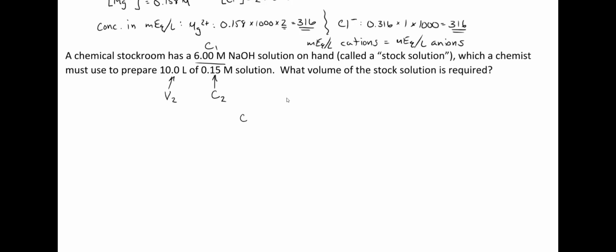So here is our equation for dilution. The starting concentration times the starting volume equals the ending concentration times the ending volume, where the unknown that we would like to find is the starting volume. So let's solve for the starting volume by dividing both sides by the starting concentration, C1.